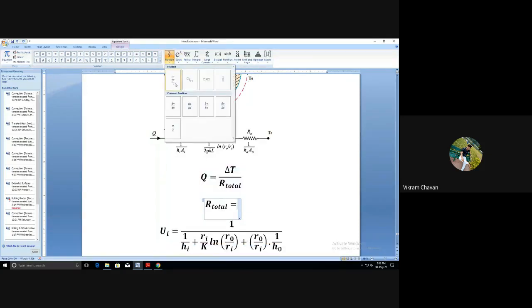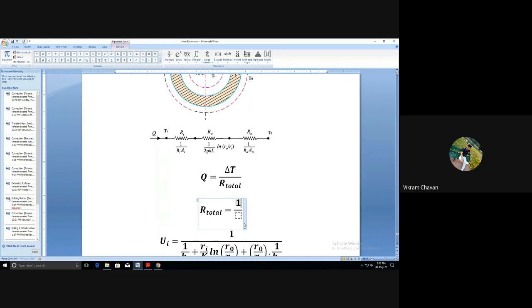1 divided by hi multiplied by ai. Okay, that is the inner surface area.